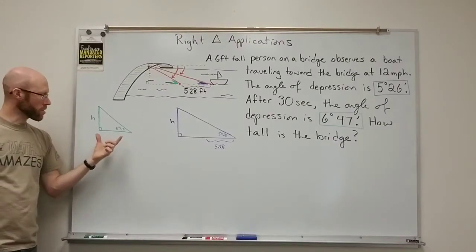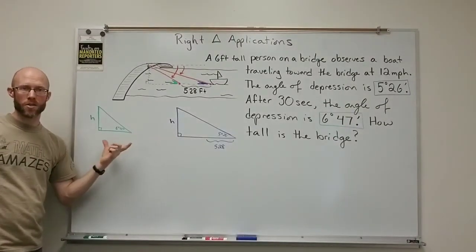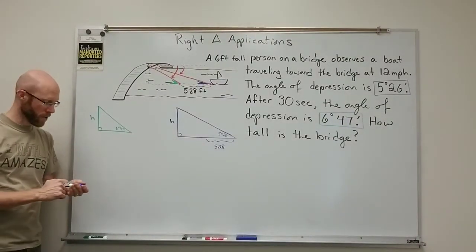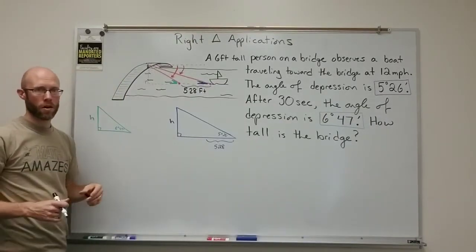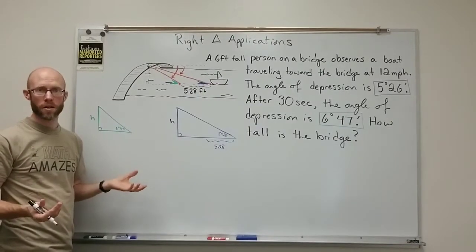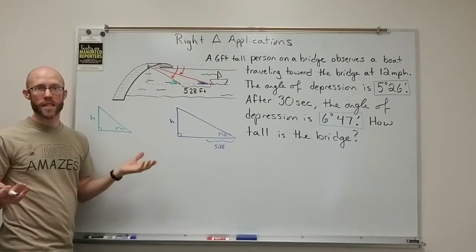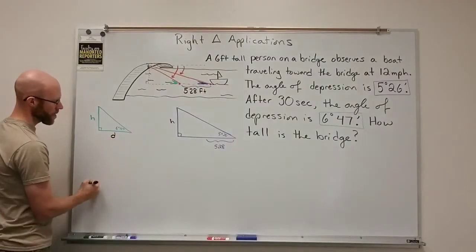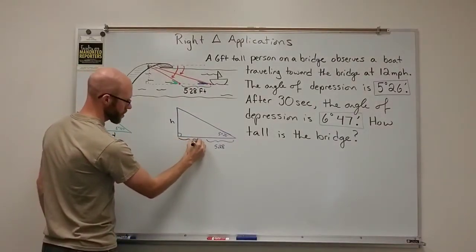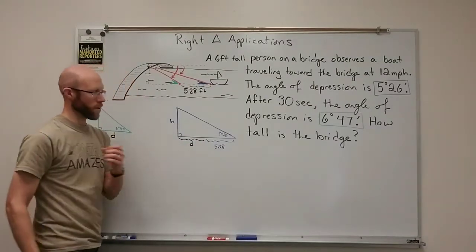And so I could give it a name and it would be the same on both triangles. So for the purposes of this example, I'm going to throw a dummy variable in there. Maybe I'll throw the letter D in there for dummy variable. So I'll put a D right there. And that translates to the remaining portion of that horizontal side.